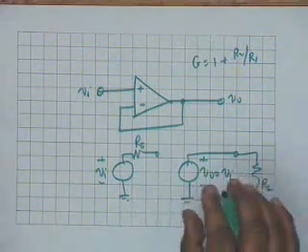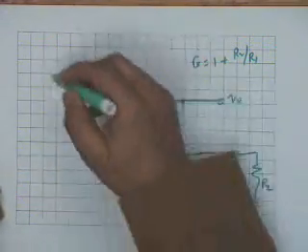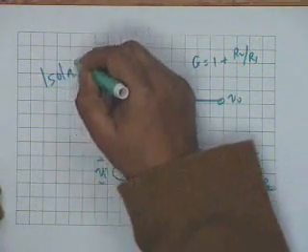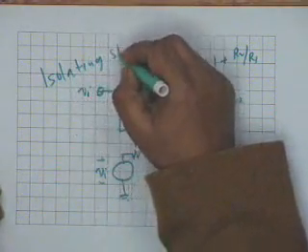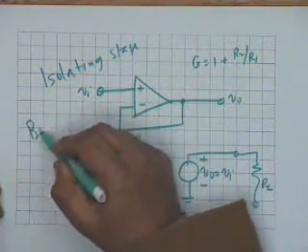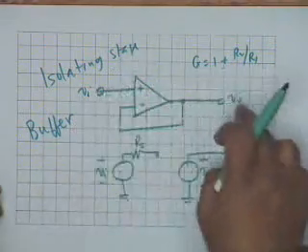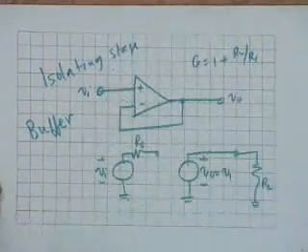So it provides an isolation between the input and the output, and in that sense it is given various names: isolating stage, or more popularly it is known as a buffer stage. Buffer between the input and the output, the op-amp acts as a buffer.